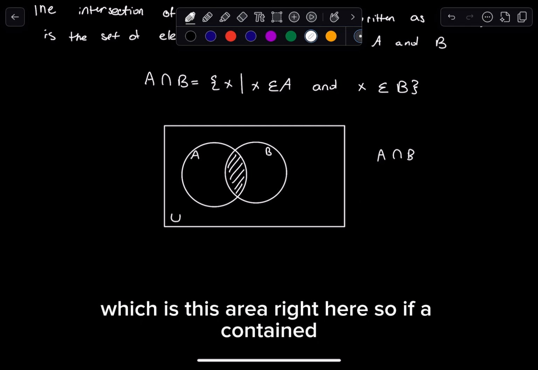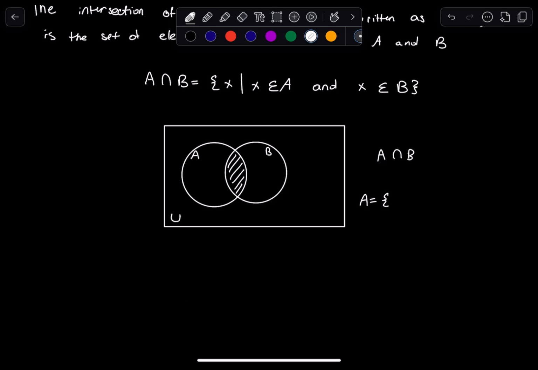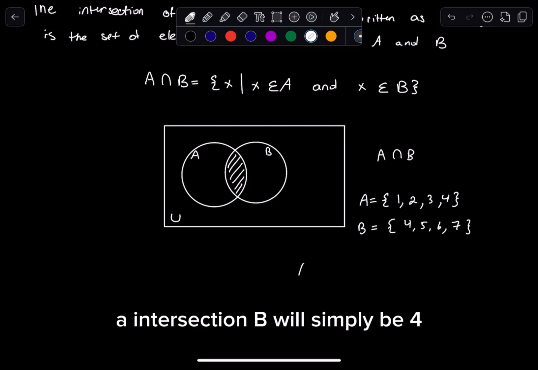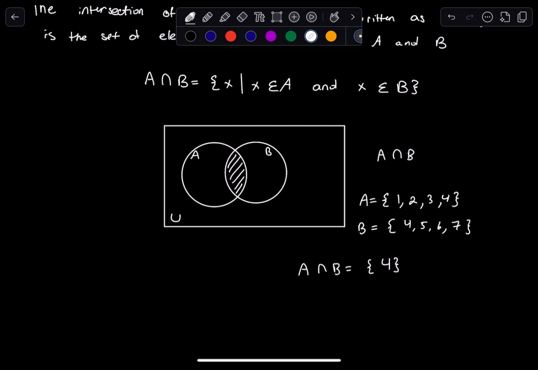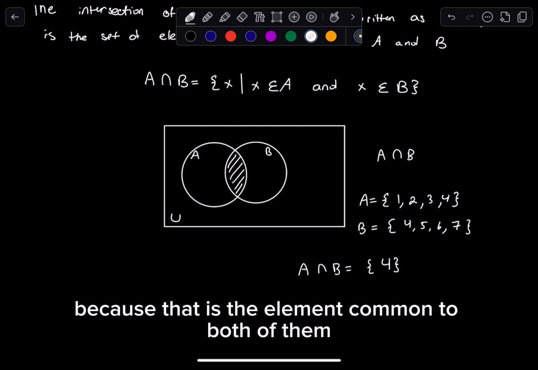So if A contained 1, 2, 3, 4, and B contained 4, 5, 6, 7, A intersection B will simply be 4, because that is the element common to both of them.